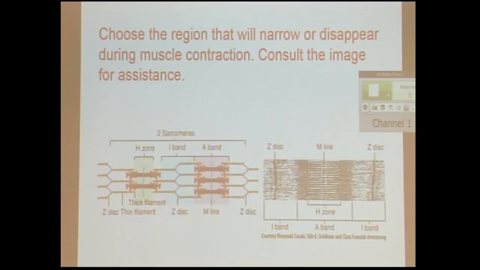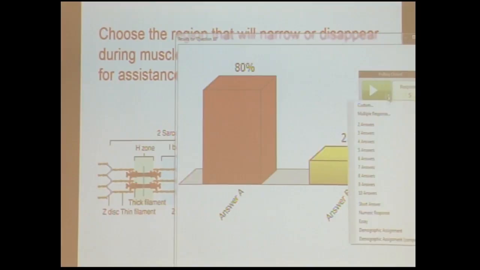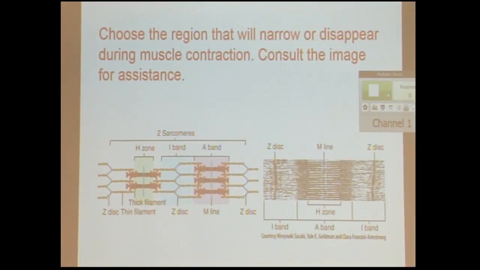Sorry, I didn't put all the answer choices. Oh, I didn't realize it was 4. All right, 6 answers. Now you can choose what you want.